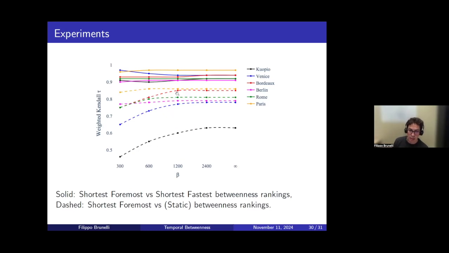So this means that likely using Brandes on the static graph underneath a public transit network cannot be a useful proxy to measure temporal betweennesses.